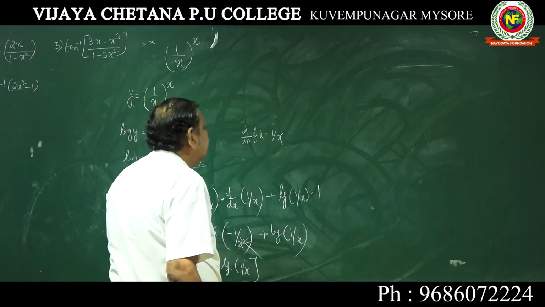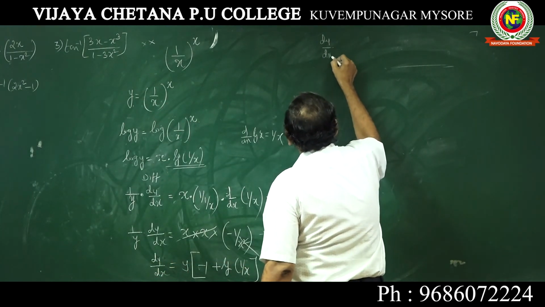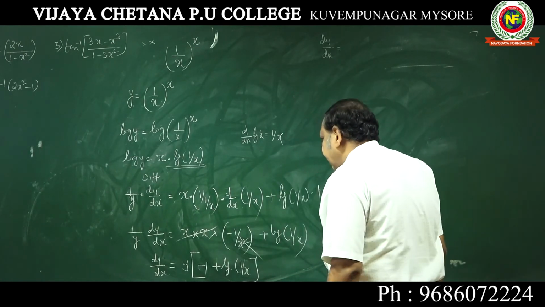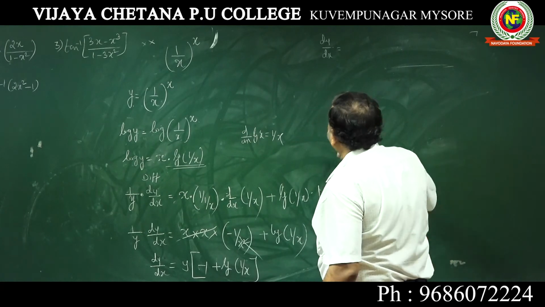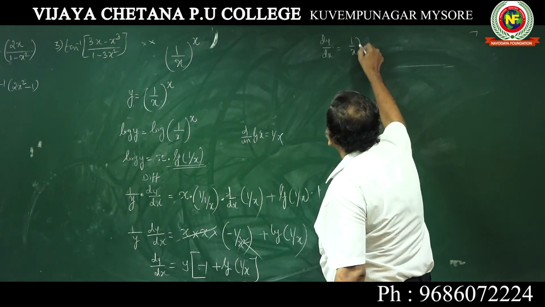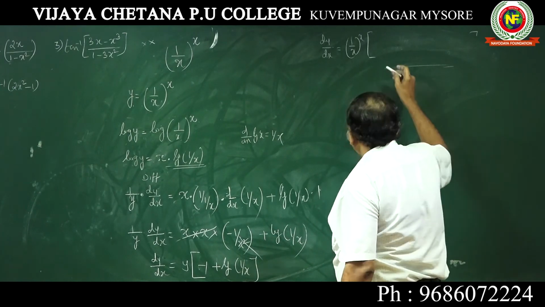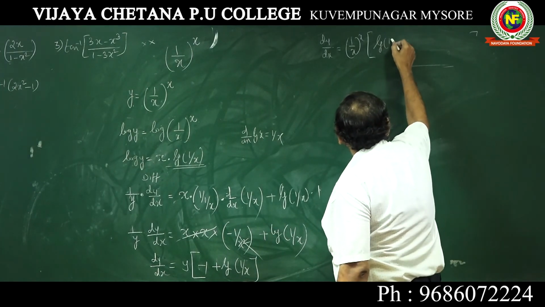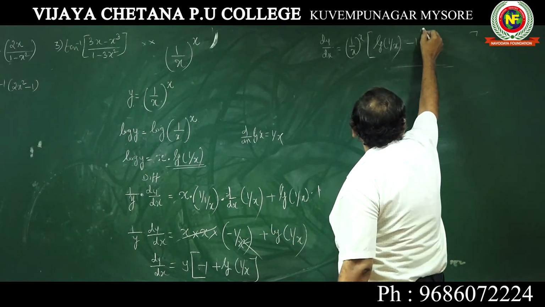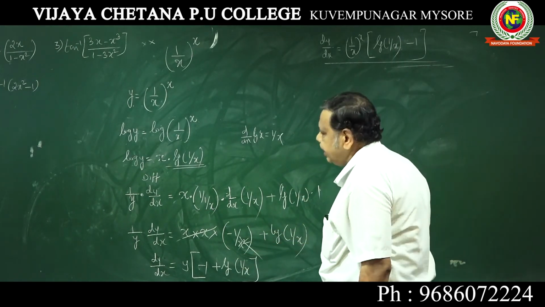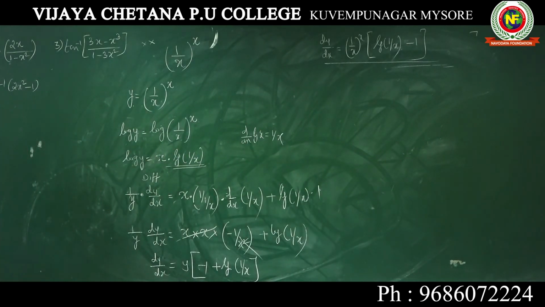Now replace y, which is nothing but 1 by x to the power of x. First you can write the positive thing better: 1 by x to the power of x into (log 1 by x minus 1). This is the answer. Very important question, and this is the answer.